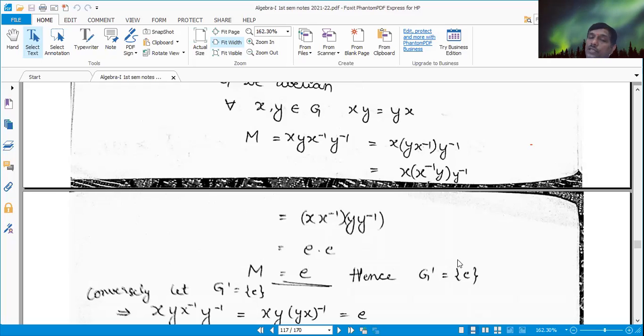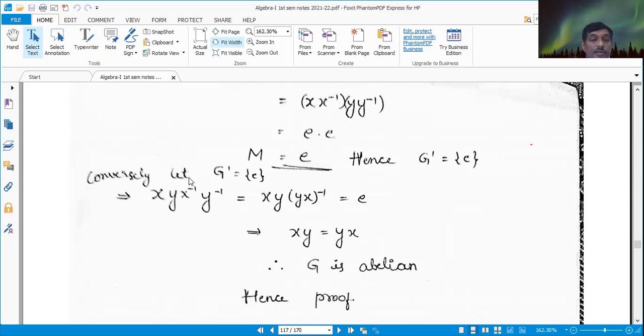What is the converse we are proving next? Let G dash be equal to E. Then for the commutator, xy into x inverse y inverse is the identity, so xy into yx inverse, using the reverse law of inverse, is the identity.